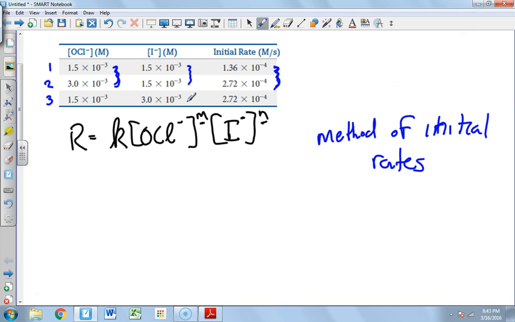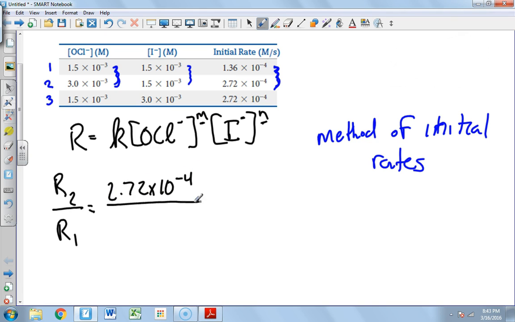So what we're going to do is compare rate 2 versus rate 1, which equals rate 2, 2.72 times 10 to the minus 4, over 1.36 times 10 to the minus 4.